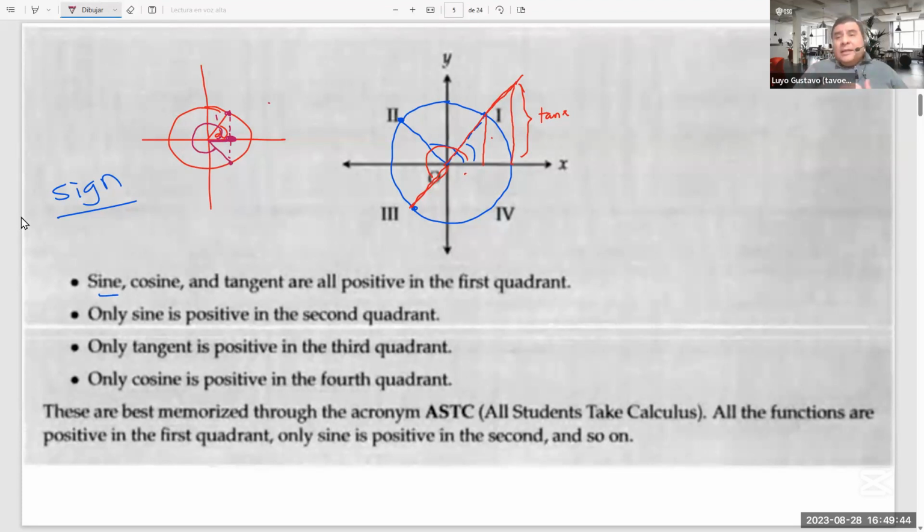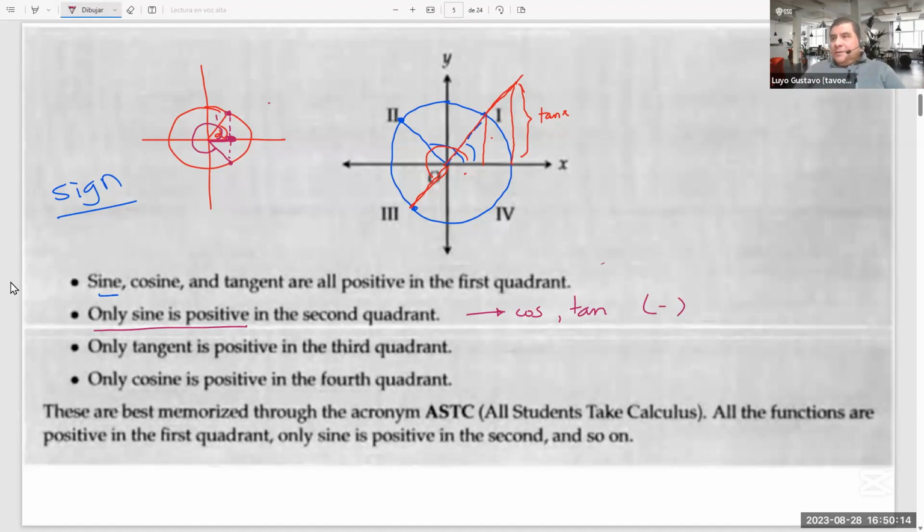In the second quadrant, only the sine is positive. In the third quadrant, only the tangent is positive. And in the fourth quadrant, only the cosine is positive. When we say only, that means that all the other functions are the opposite. So here, only sine is positive. That means that cosine and tangent are negative in the second quadrant. Okay, in the first quadrant, everything is positive, no problem.